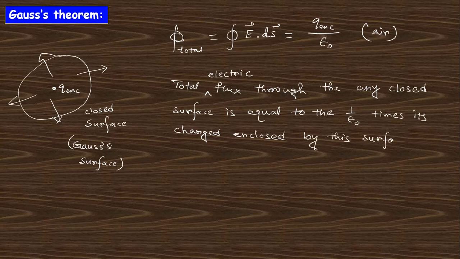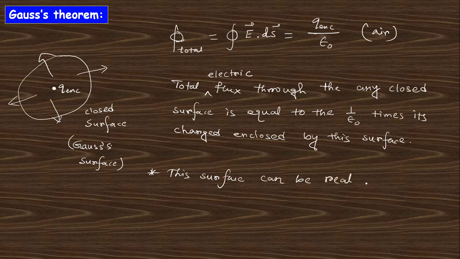I think you are clear about the Gauss theorem, which says that total electric flux is nothing but Q enclosed by epsilon naught, that means the charge within this surface is enclosed, and this surface can be real or imaginary.